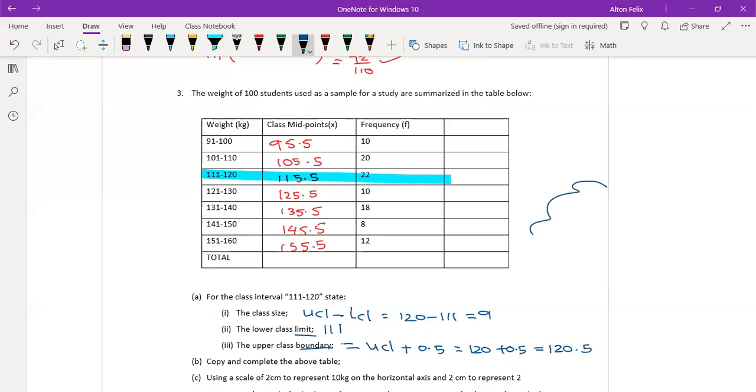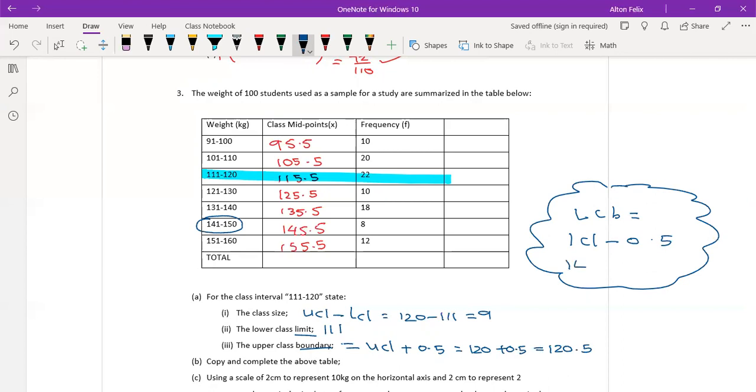Okay, so just as a form of revision, the lower class boundary will be the lower class limit minus 0.5. So if you're asked to find the lower class boundary, let's say for this one, you will take the 141, which is the lower class limit, and you subtract 0.5, and that will be 140.5 as the lower class boundary.